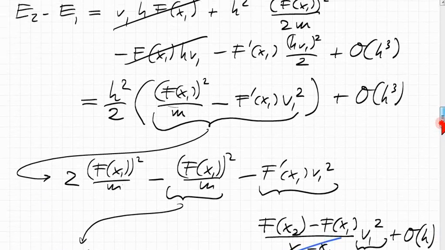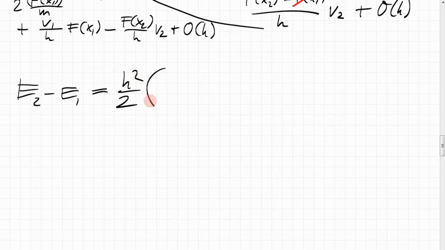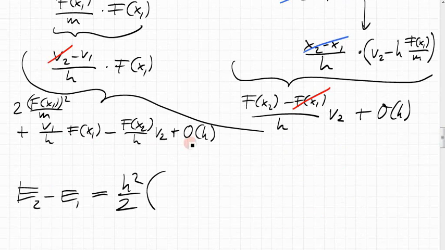So that was the energy difference, actually just this expression in this parentheses. Let me write that down again. The energy difference is h squared over 2 times the expression that we've just manipulated here.